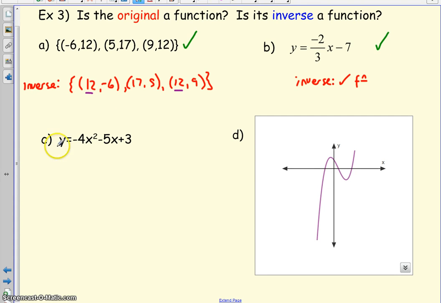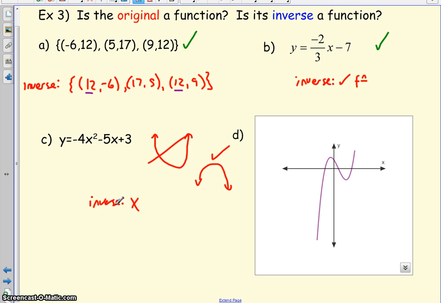Okay, now let's take a look at C. Well, C is a parabola, actually, sorry, this one's opening down, so this is definitely going to be a function. Well, the inverse of a parabola is going to be a sideways parabola on the graph, so the inverse is not going to be a function.